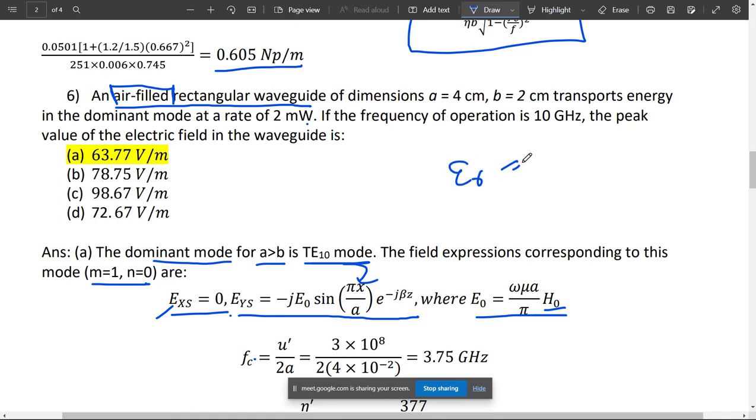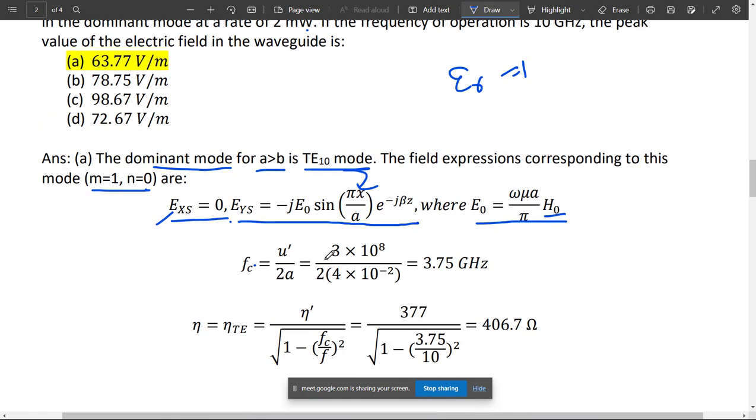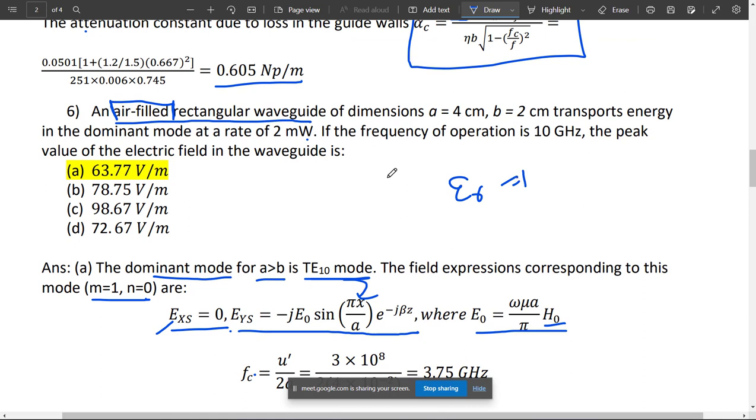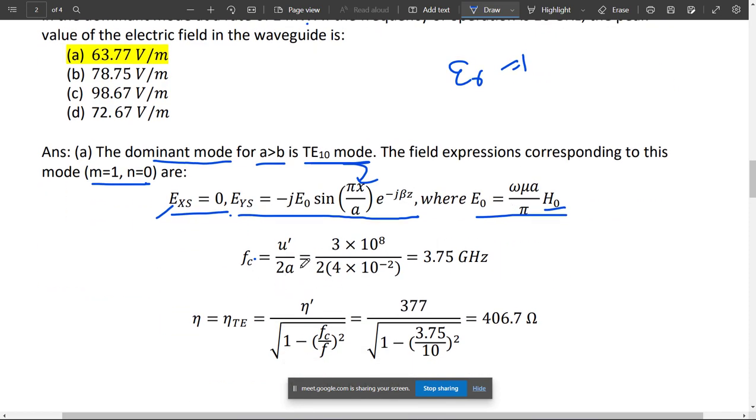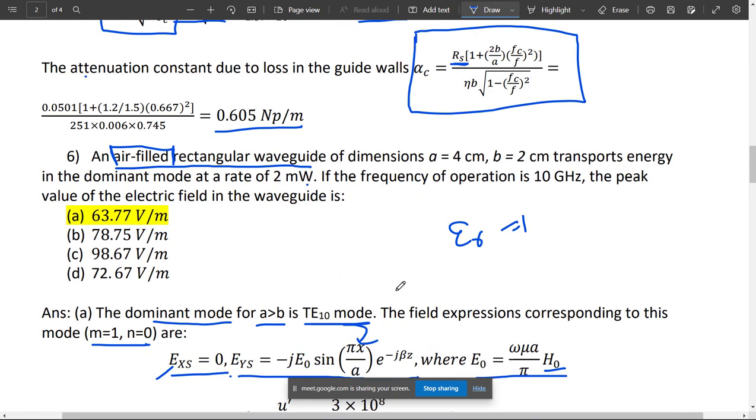If it was not air filled and some dielectric was there, then we would have to put that here. But since it's air filled, epsilon r equals 1, and we get the cutoff frequency like this: 3 into 10 to the power 8 upon 2 into 4 into 10 to the power minus 2. Now, do you have any doubt?